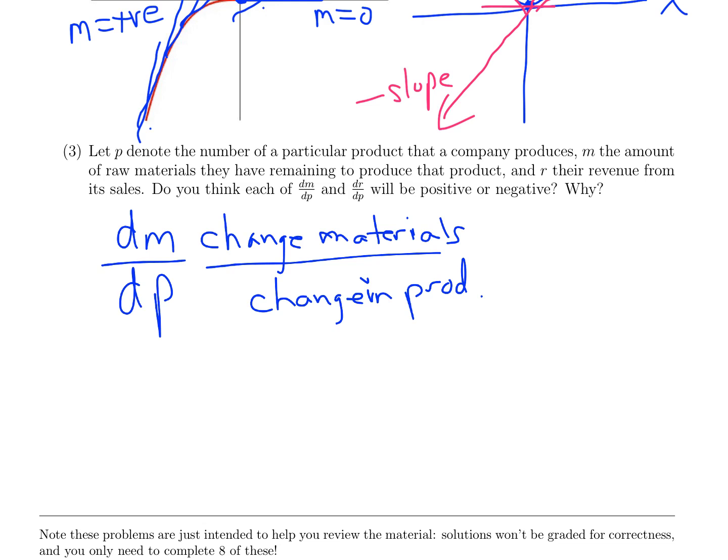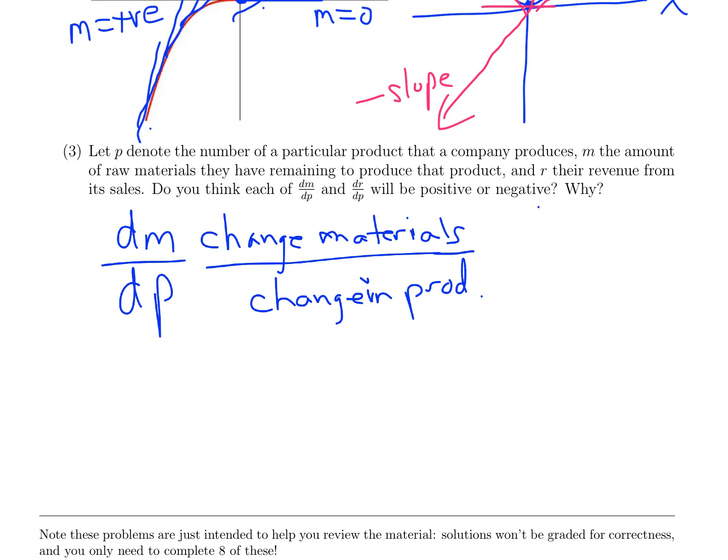And so it says the remaining raw materials. Okay, so this should be a negative over a negative, right? So as one thing changes, the other one changes. As one thing goes down, the other one goes down.